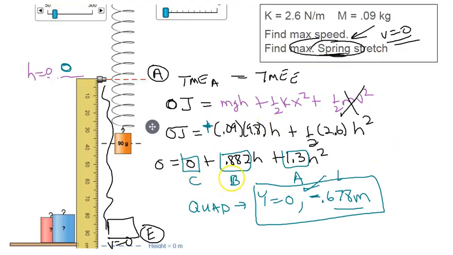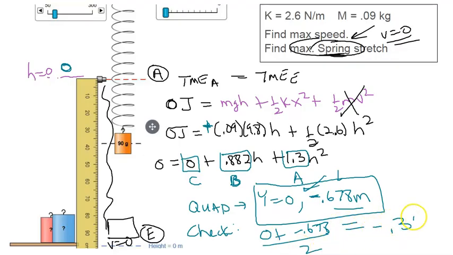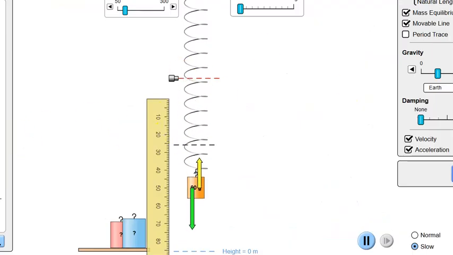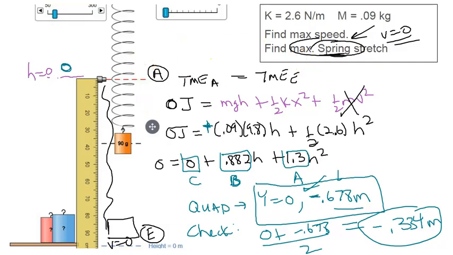People are still only recording 1, some people, and I'm still taking off 1 point. Okay, the last thing I want to say is you can check your work. Add up the 2 turnaround points and average them, and you will get, I think, 0.334. You will get the equilibrium point, because the position function we are going to see at the end of the year is the mass bobbing up and down on the spring, and it is sinusoidal.